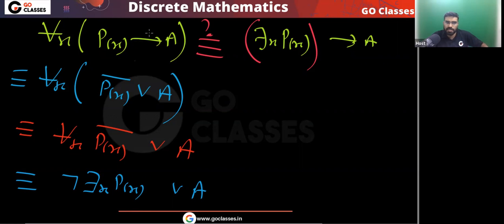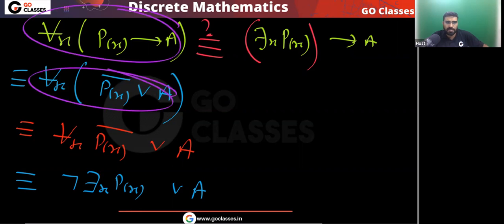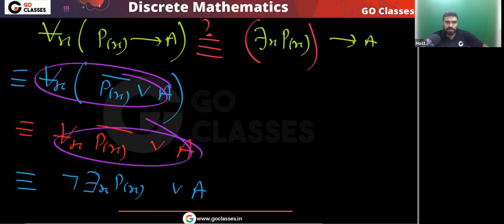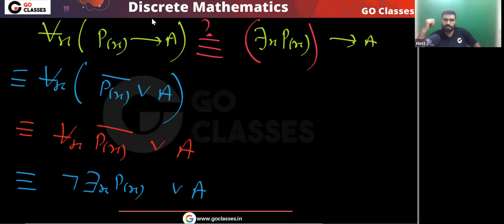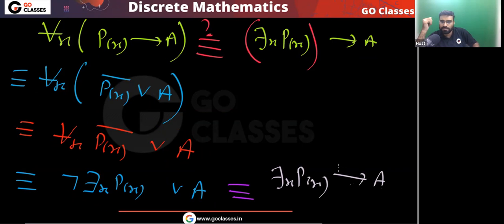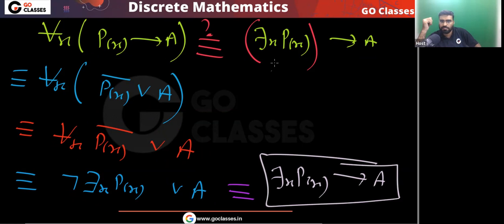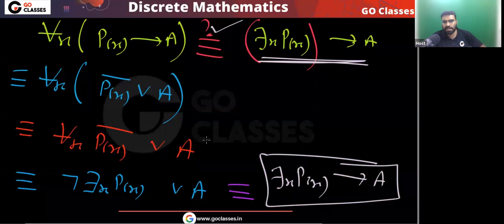See, this is the same as this, this is the same as this. And finally, what is this the same as? This is the same as there exists x px implies a. So we got this. Correct? This is another way.